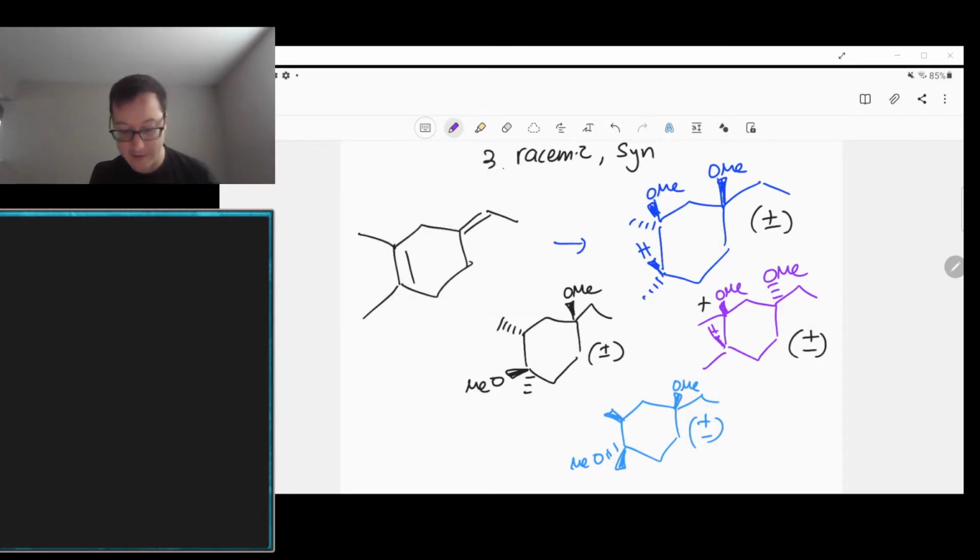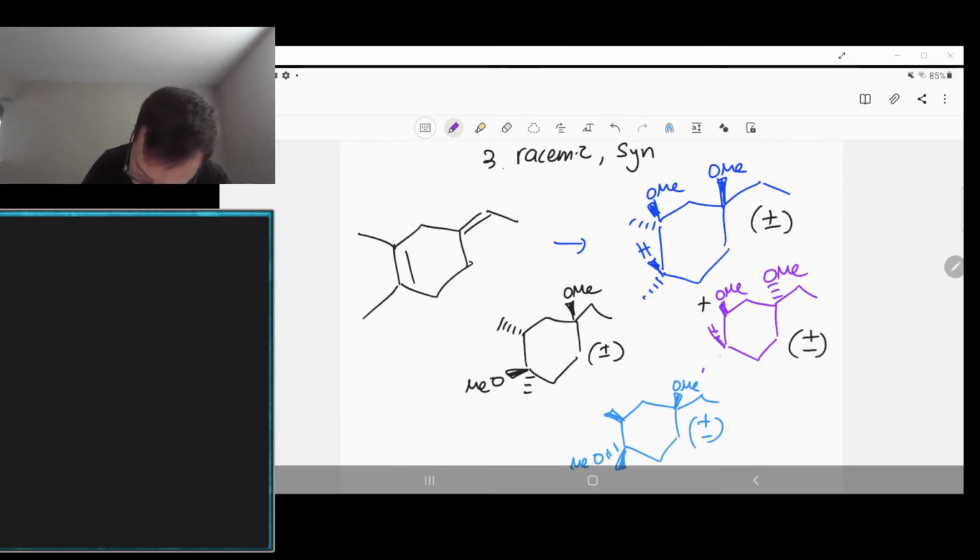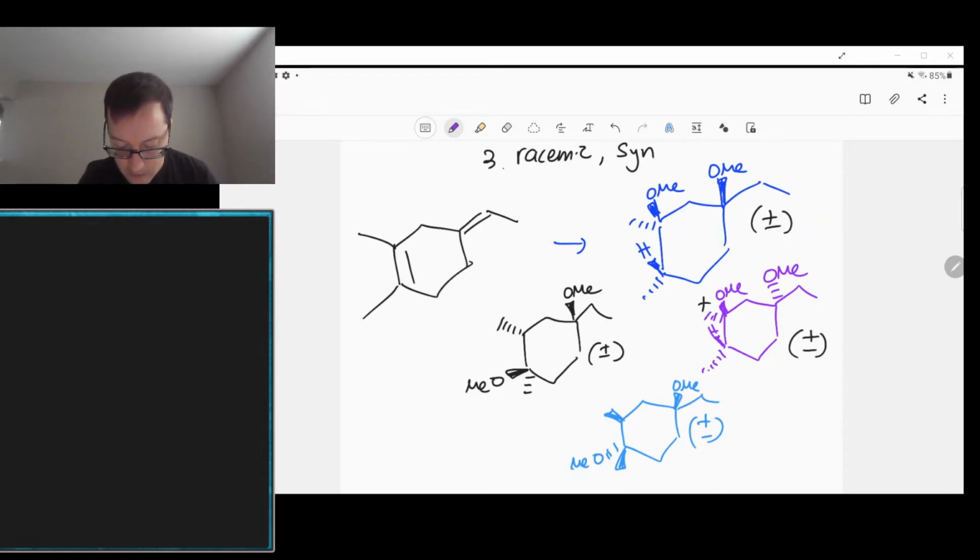But of course, they're both equivalently Markovnikov positions on that leftmost alkene, so I can attack either side. So we're going to end up with 4 products as well as their enantiomers, a total of 8 stereoisomers here. Yikes. So we do end up with a mess.